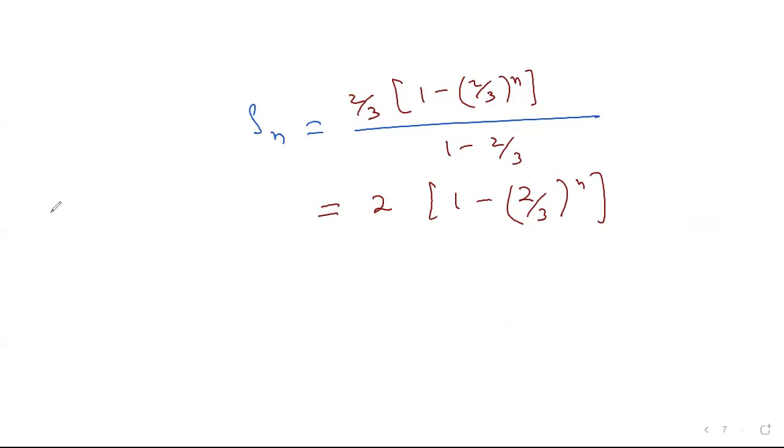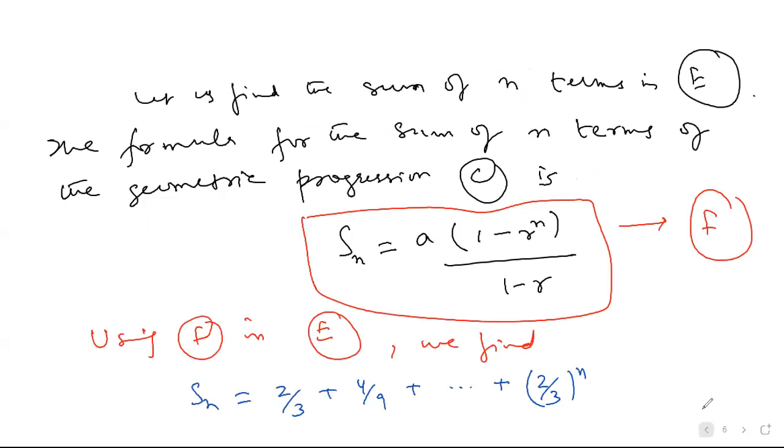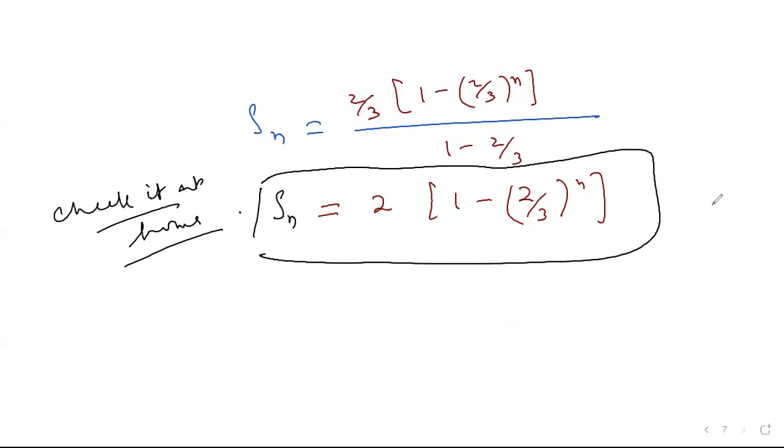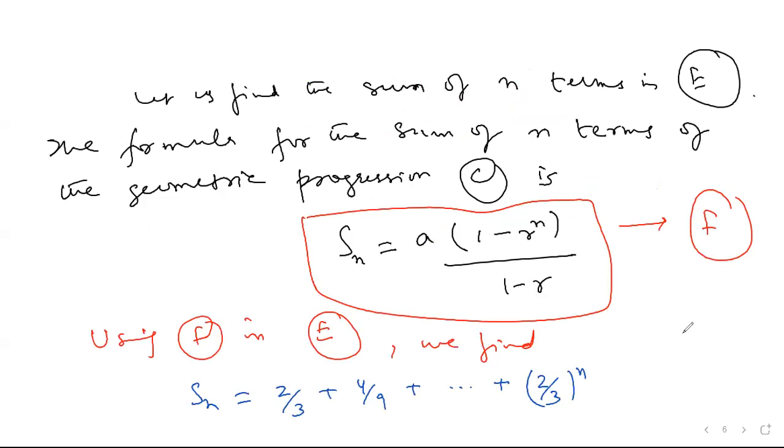Check it at home and convince yourself. Let me name it as G. It's my Sn. This was E, then it was F, so it is G.